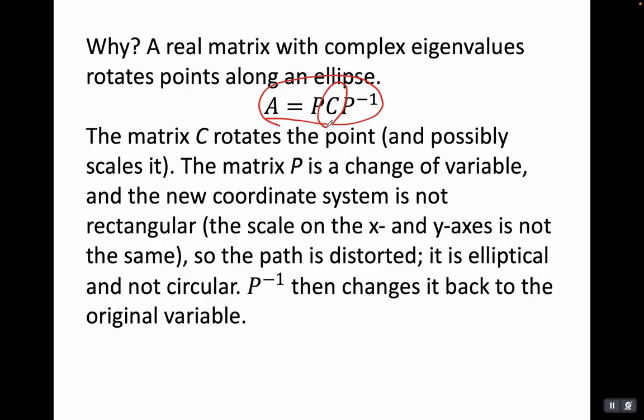The matrix P is a change of variable. And the new coordinate system is not rectangular. The scale on the x and y axes is not the same. So the path is elliptical and not circular. P inverse then changes it back to the original variable. So that's why A is going to rotate points along the ellipse.